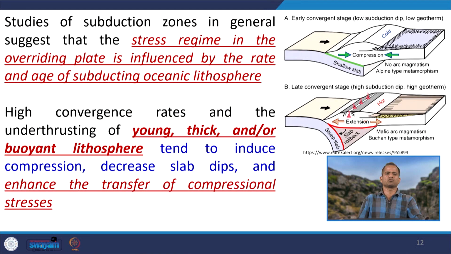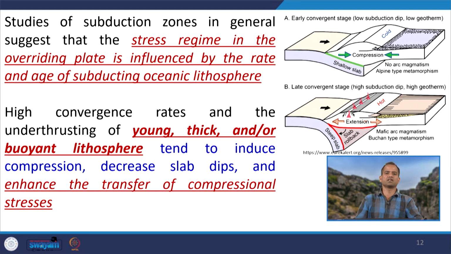Studies of subduction zones in general suggest that the stress regime in the overriding plate is influenced by the rate and age of the subducting oceanic lithosphere. For example, a high convergence rate and the underthrusting of young, thick and buoyant lithosphere tend to decrease the slab dip.